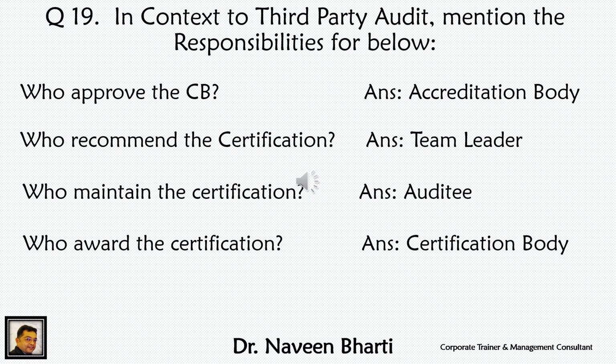Actually, this is the accreditation body which approves the certification body. And this is the team leader who only recommended the certification. An auditee is supposed to maintain the certification, and finally, the certification body only award the certification.